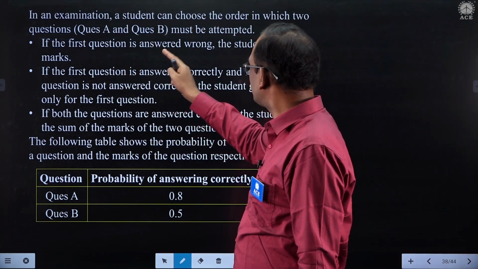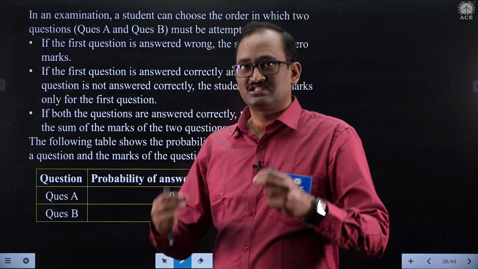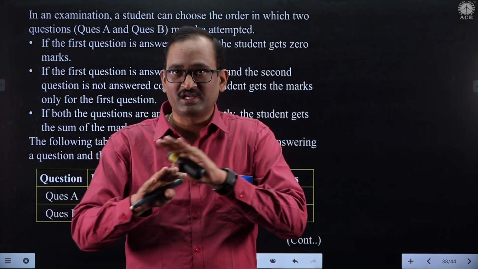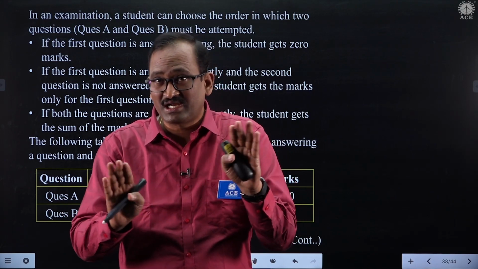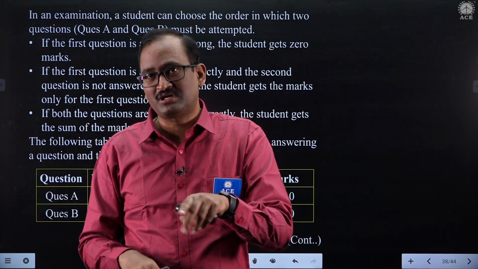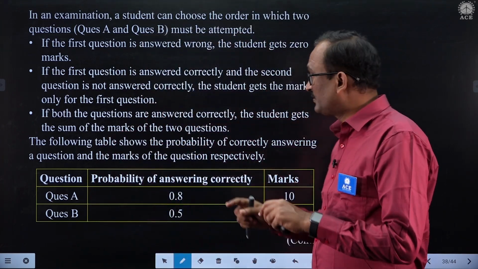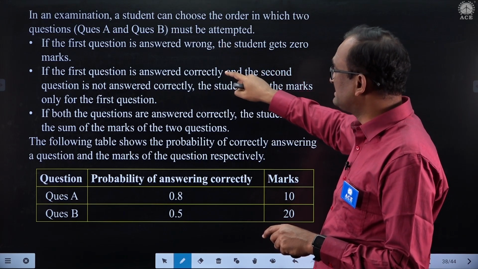If the first question is answered wrong, then the student gets 0 marks. Suppose the first question is wrong, he will get 0 marks. It doesn't matter whether the second question is correct or wrong. Now you need to solve the problem by using these three conditions.